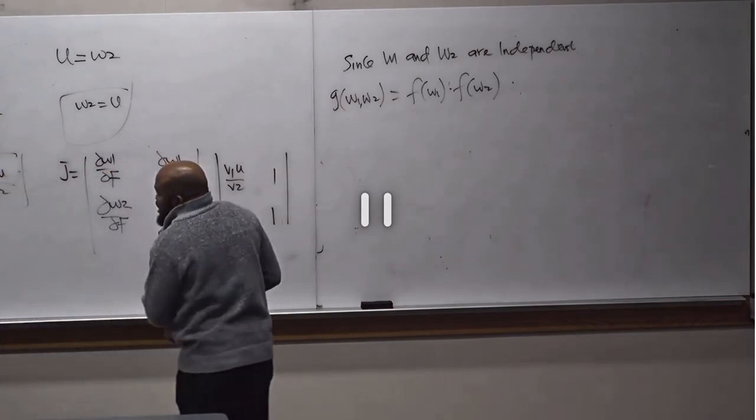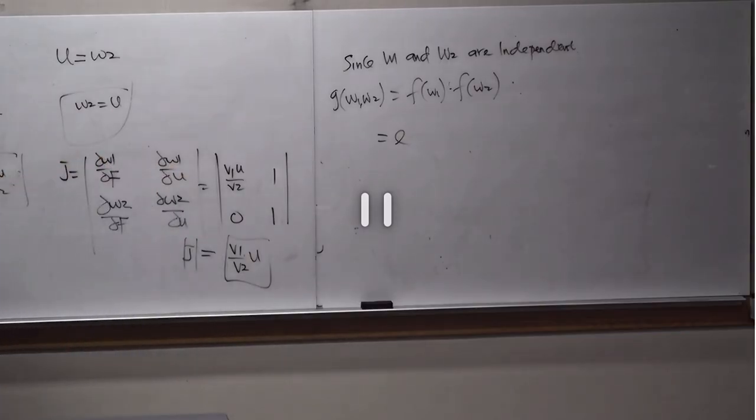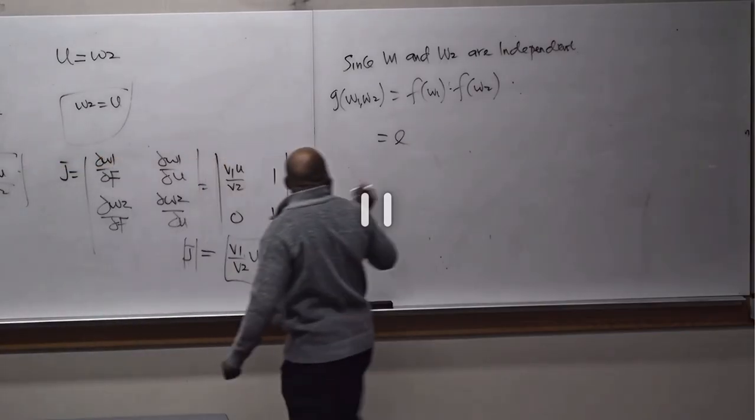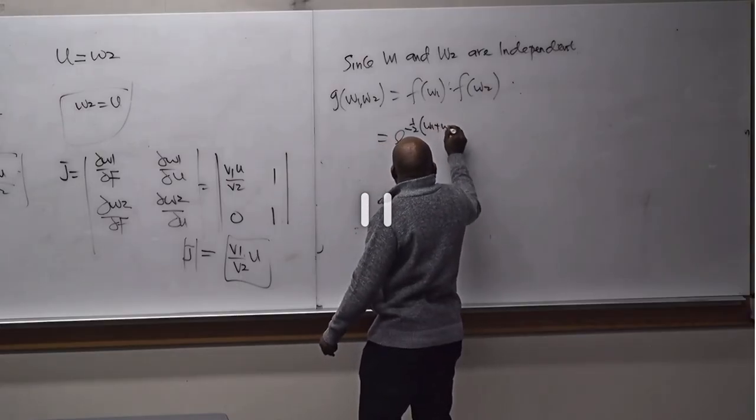Now, as I multiply, I want to simplify. If I multiply this by this, I think half is common, right? Half into W1 plus W2.